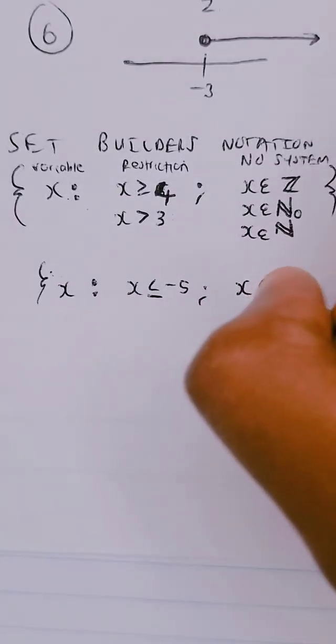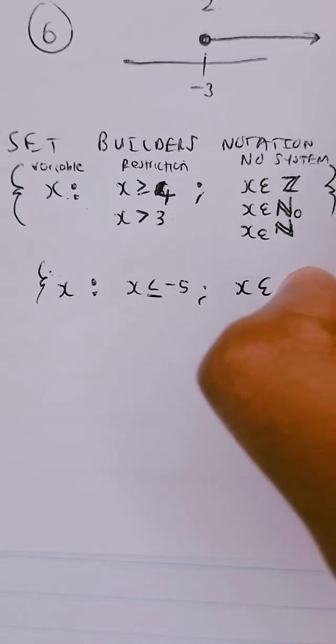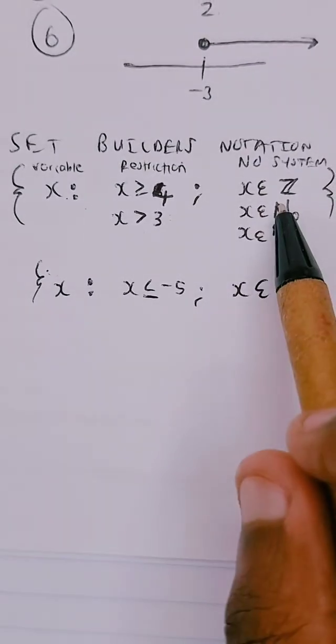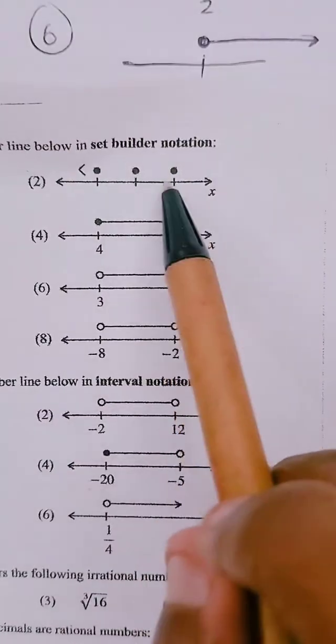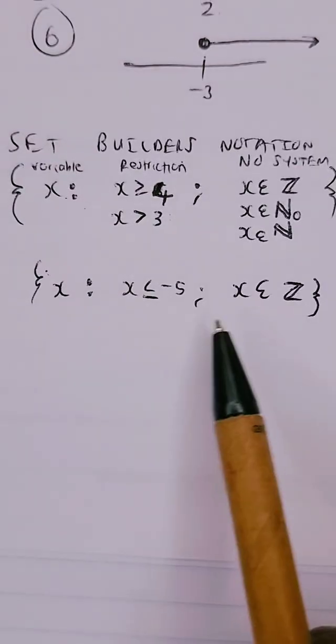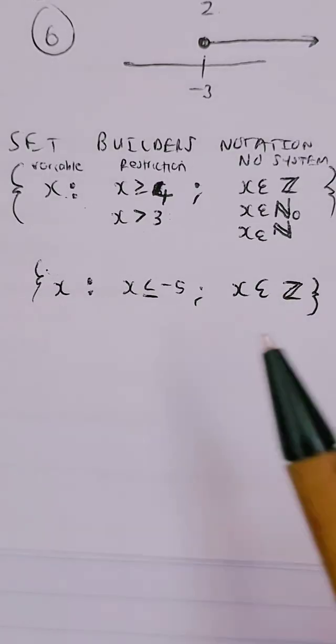And then the only real thing we can say is where x is an element of integers. This time round, we can't say x is an element of whole numbers because we are on the negative number side. And these negative numbers can only be accommodating the number system of integer values, numbers that increase and decrease by 1. Okay, so we can say x is less than or equal to -5.